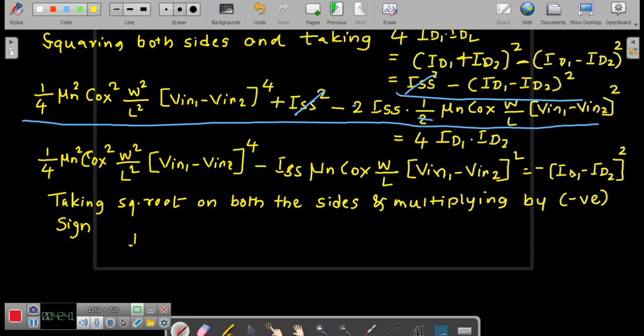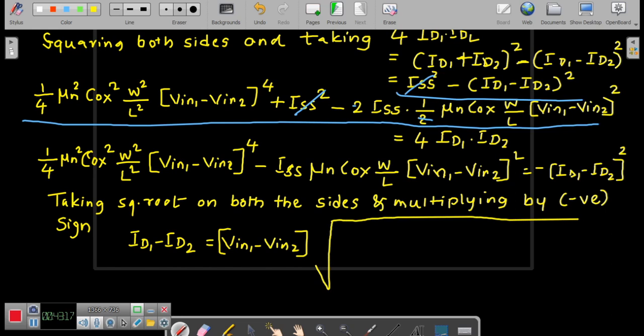So I can write it here as ID1 minus ID2 is equal to, you can write it now. So on the other side, we have got (Vin1 minus Vin2) square. So that will now become Vin1 minus Vin2 only. So this I will take it in bracket. Now the whole thing, the other aspects, right? So I will be taking these things under root and I will rearrange the terms also.